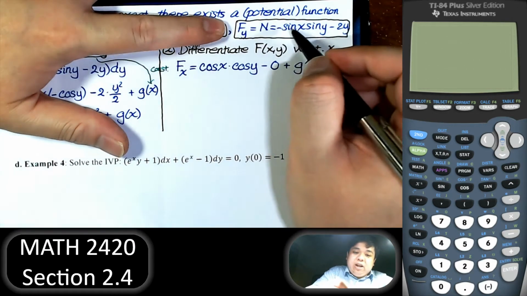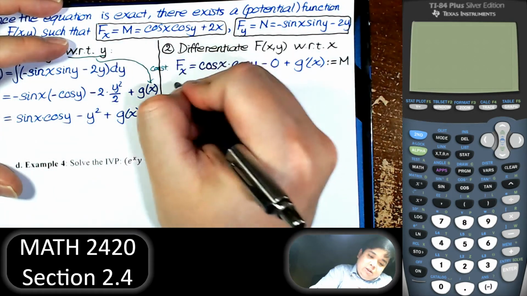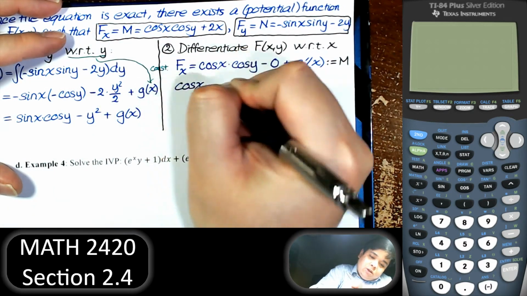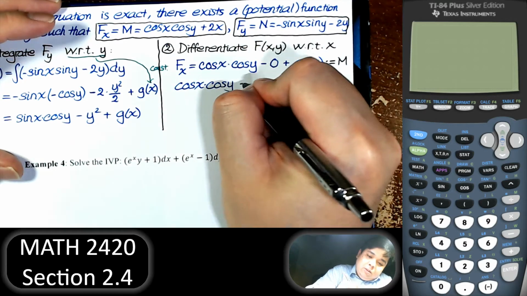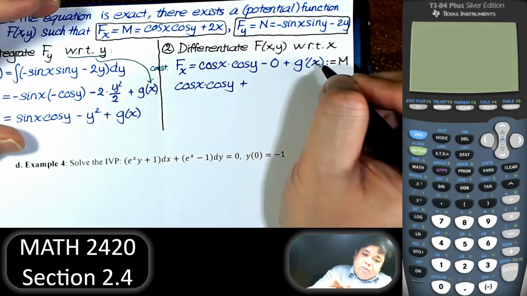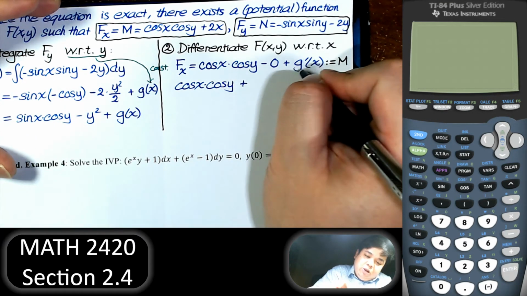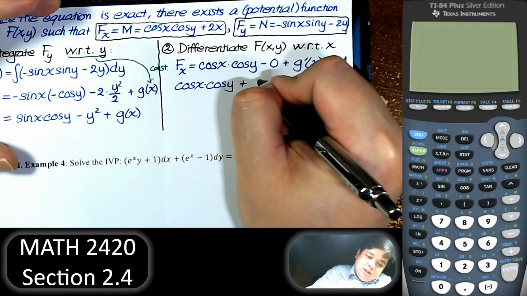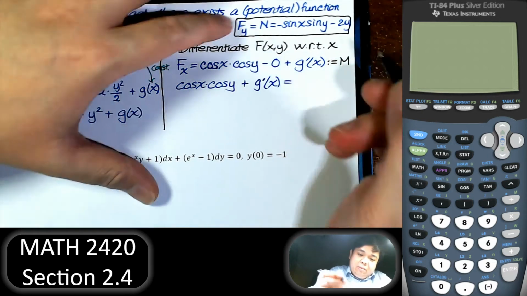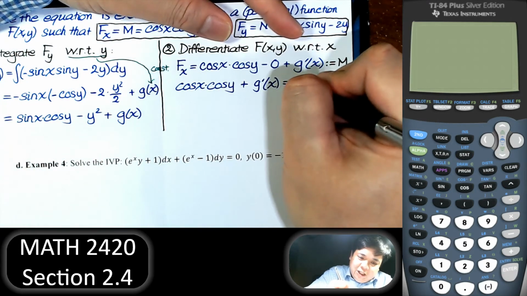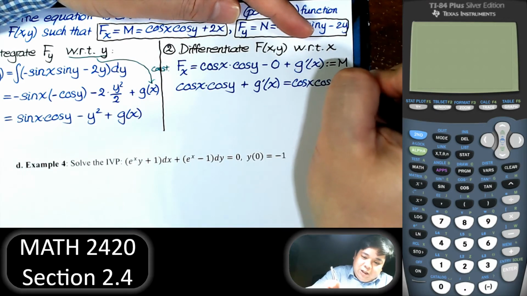So we use this already. Now we use the outer box. So cosine x cosine y plus g prime of x equal to n. I should write smaller. Cosine x cosine y plus 2x.